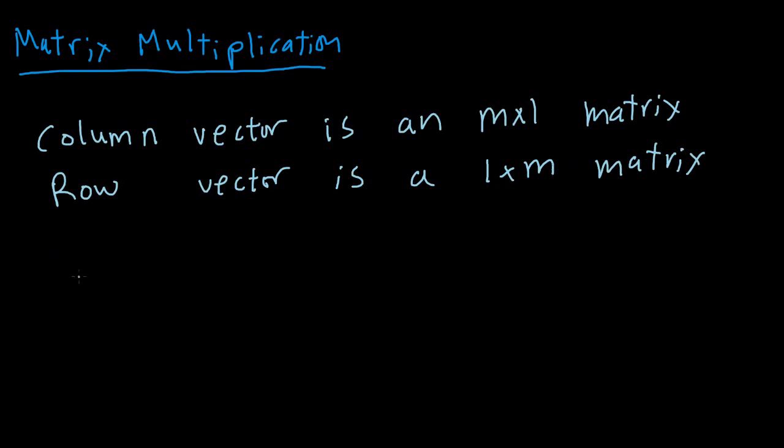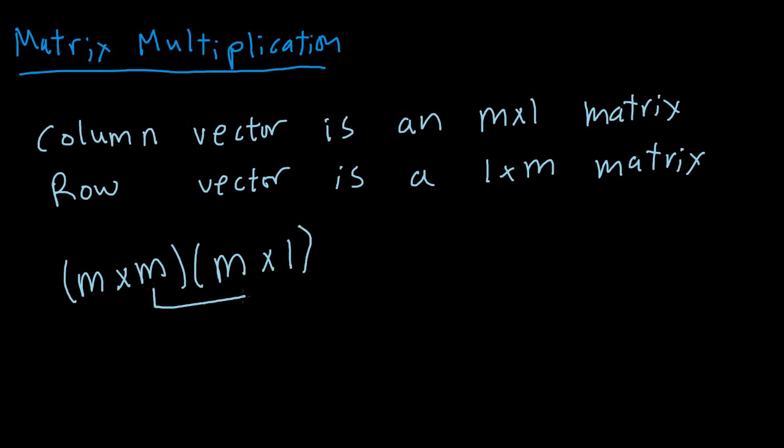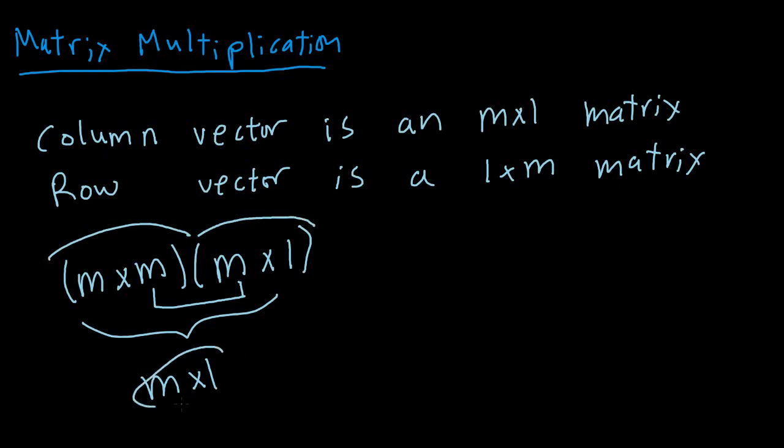So if you have a square matrix, an m by m matrix, and you multiply it by a column vector, which is m by 1, then when you contract the two middle indices, the overall result is an m by 1 matrix, which is just a column vector. So we can see that when we multiply a square matrix by a column vector, the result is another column vector.